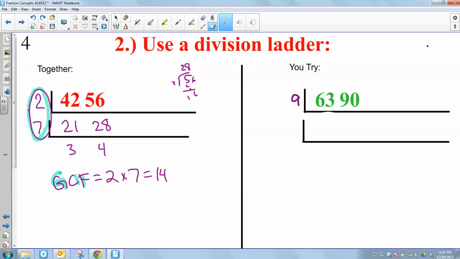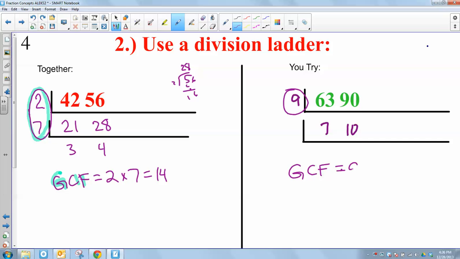So 63 divided by 9 gives me 7, and 90 divided by 9 gives me 10. Are there any common factors between 7 and 10? There aren't. So that means my greatest common factor, I only have one here, is going to be 9. Okay, so our second option of a way to find the greatest common factor is to use a division ladder.